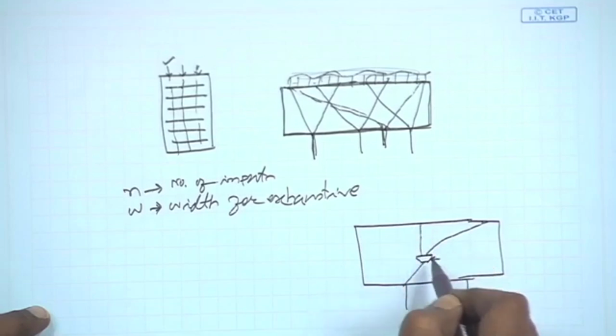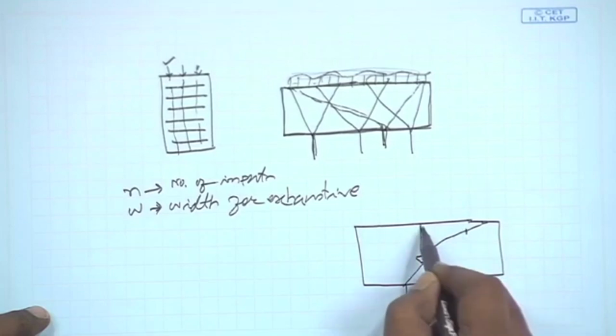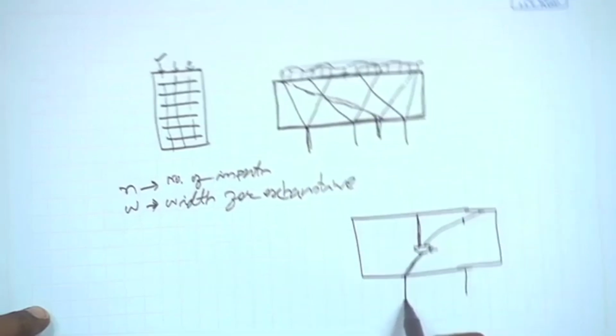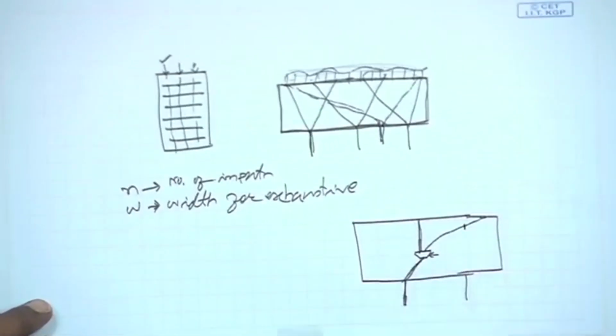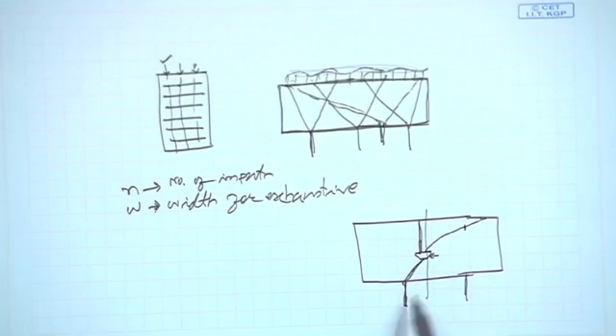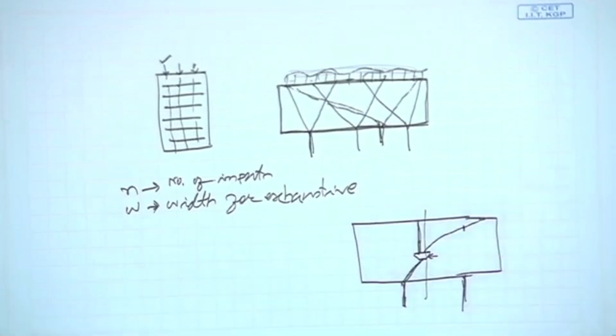In the test mode, this input is changed to this input. As a result, the cone of dependency for this particular output will change. In this way the circuit gets partitioned: one partition corresponds to this output, another partition corresponds to the other output. Now we can partition the circuit and do this testing. Whether it is possible or not depends on the circuit, and what we can do is some hardware partitioning.